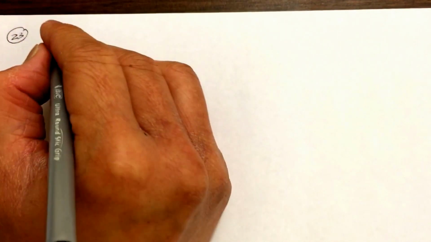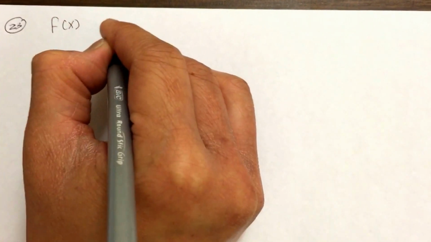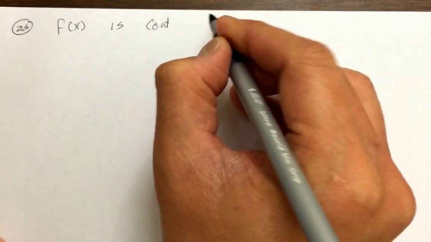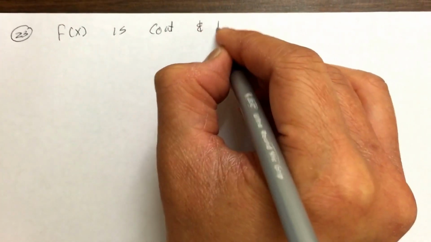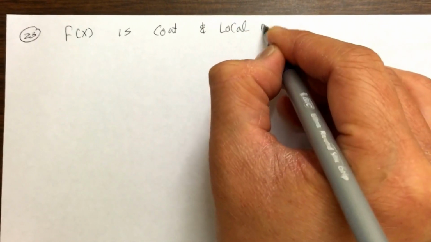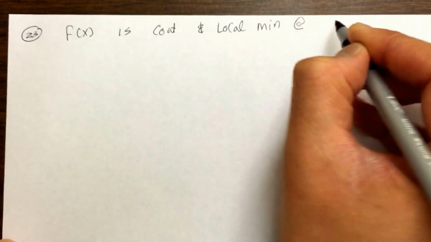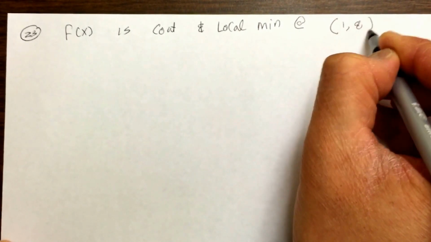Number 23. A function is continuous for all x and has a local minimum, so f is continuous and has a local min at 1,8.